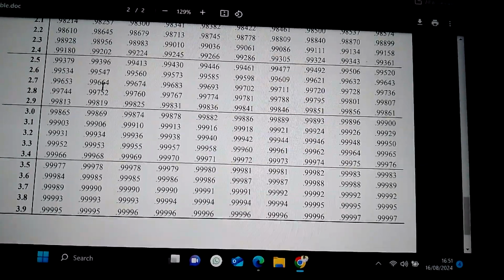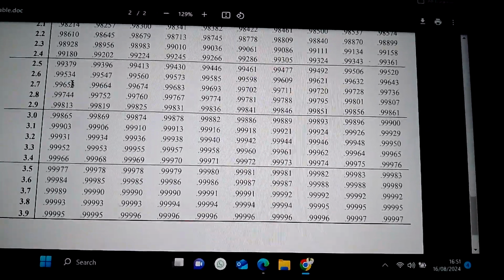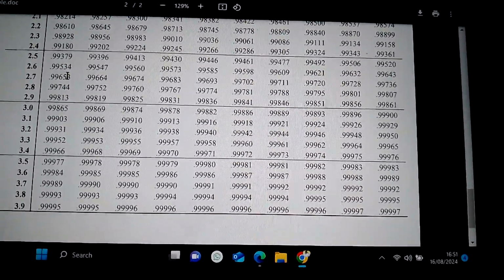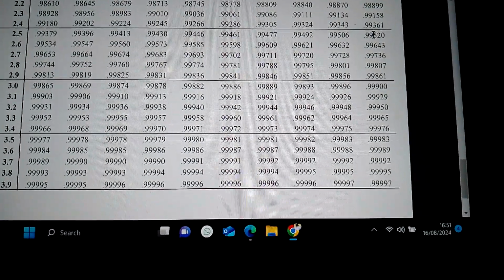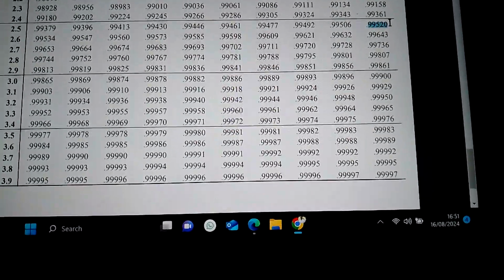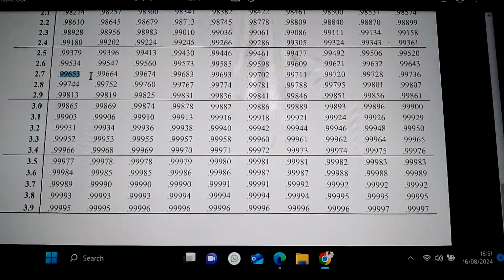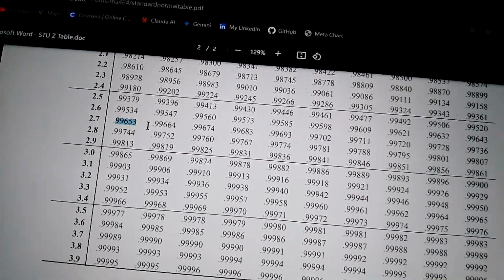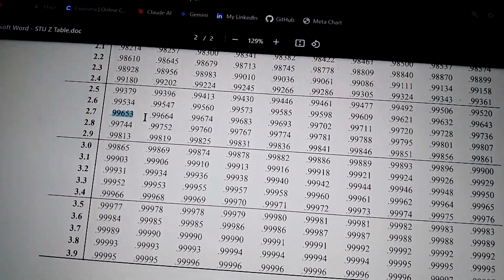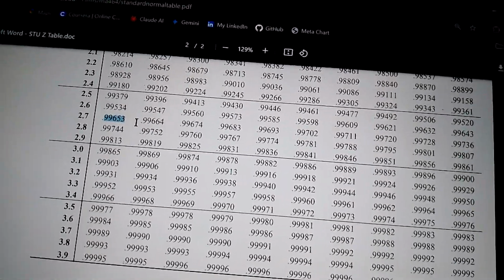We have 9966 here, and 9965, this is good. We have it here, and we have 9952, so basically this one won't work. I think these are best guesses. So we'll take the value at 0.99653, and that has a z score equal to 2.7.